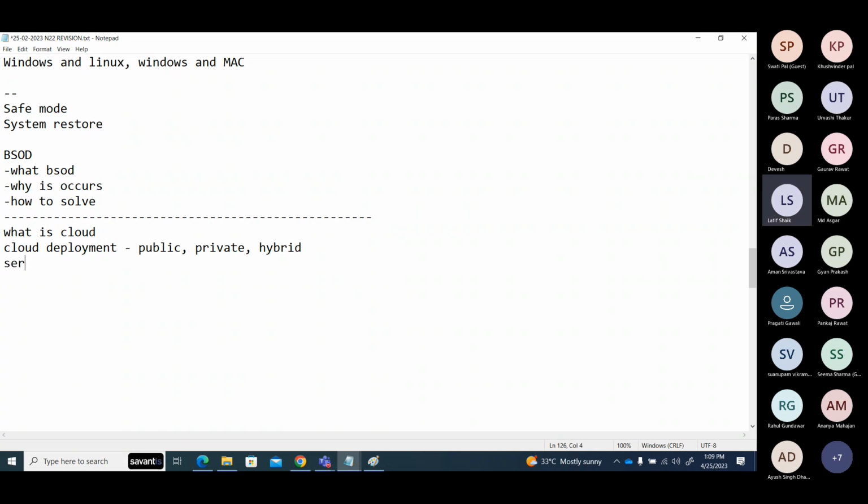And services, or cloud service models: infrastructure as a service, platform as a service, software as a service. What each one is, with an example.